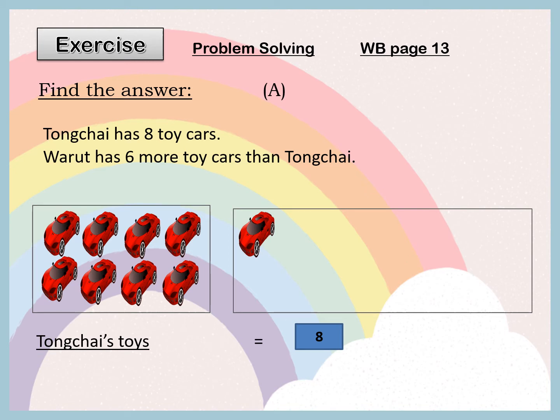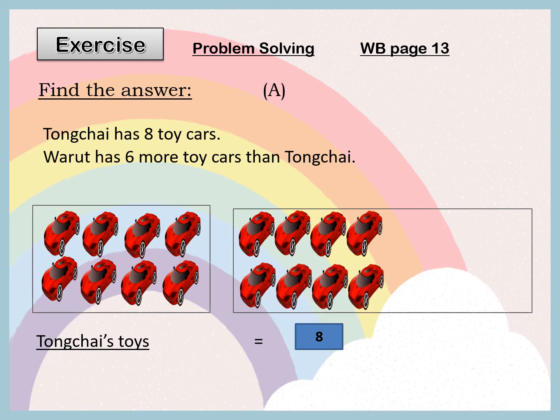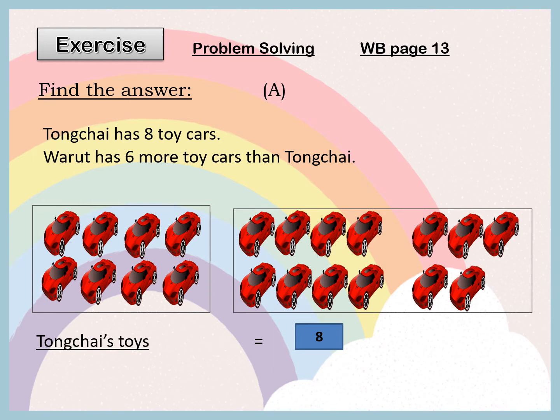Warut has 8. 1, 2, 3, 4, 5, 6, 7, 8. That is Warut's toy cars, plus Warut has 6 more toy cars. So we are going to count more. 6 more. 1, 2, 3, 4, 5, 6. Okay. So we are going to count Warut's toy cars. How many?